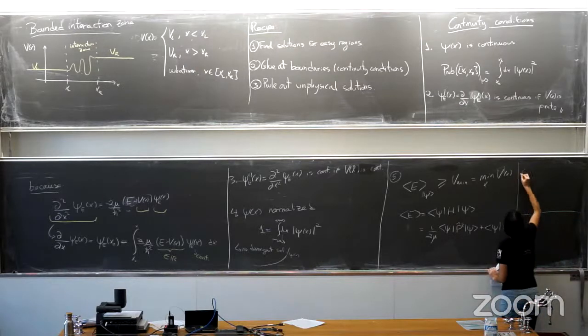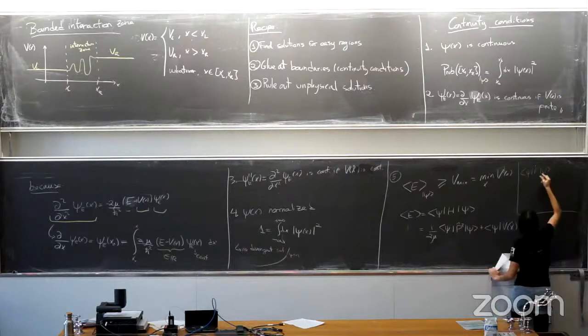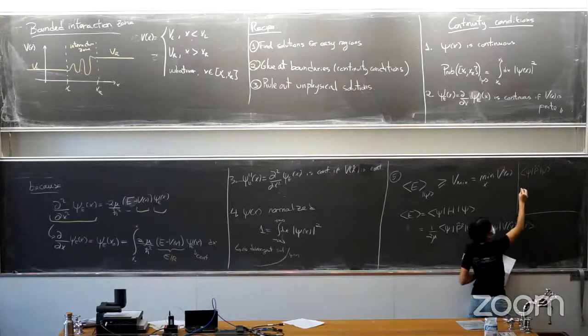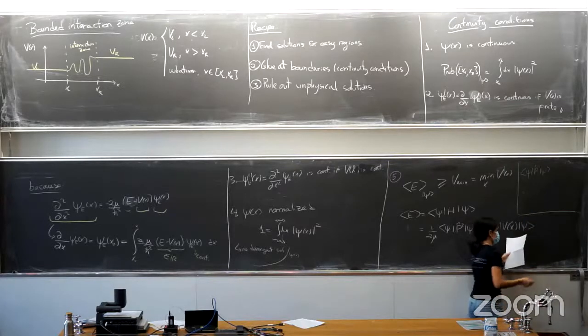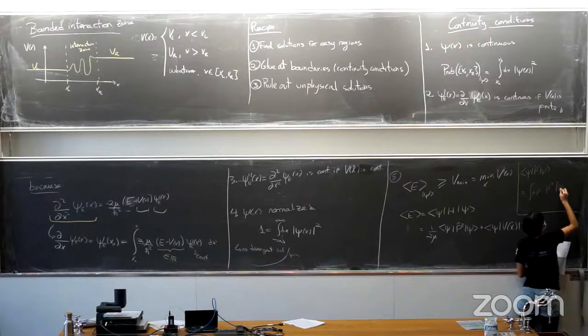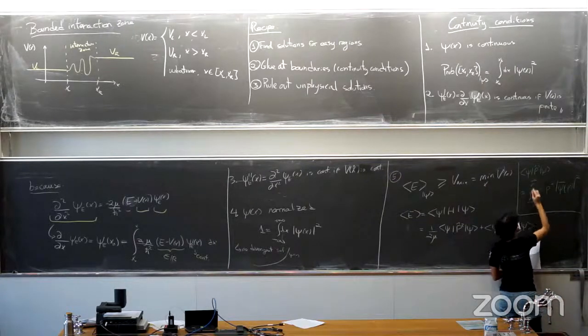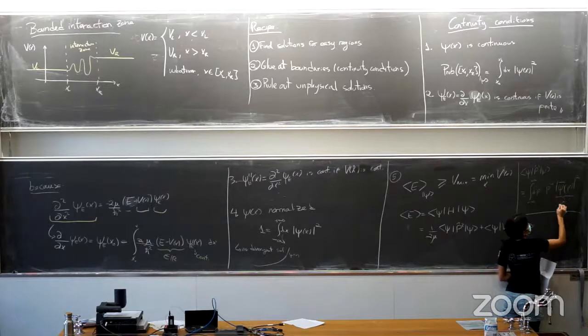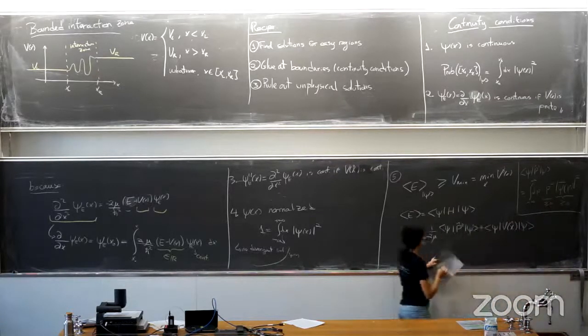Remember that if we expand the wave function in the momentum basis, then this is just the integral dp of p squared times the momentum wave function squared, and this is larger than 0. So this whole term is larger than 0.